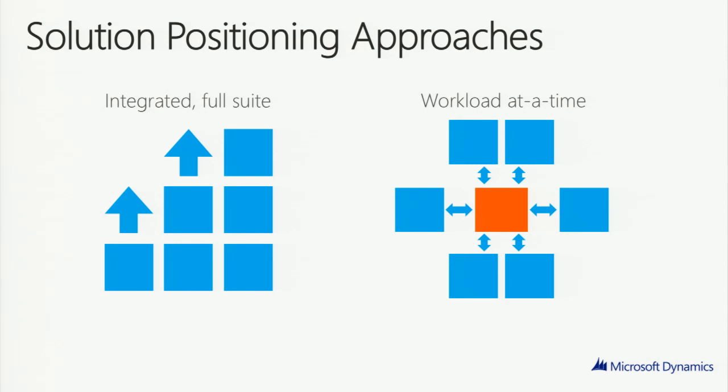So we do sell our solutions. We do deploy our solutions as an integrated full suite. But especially in manufacturing, and more so in Europe, maybe it's a little bit different in other parts, SAP has a pretty strong foothold there. And the last thing we want to go do is go say, hey, let me go rip out your SAP and put in AX, because there will be a quick exit to the door.